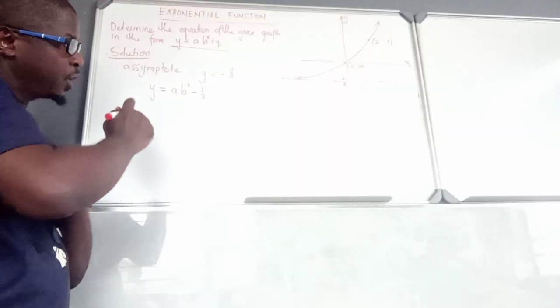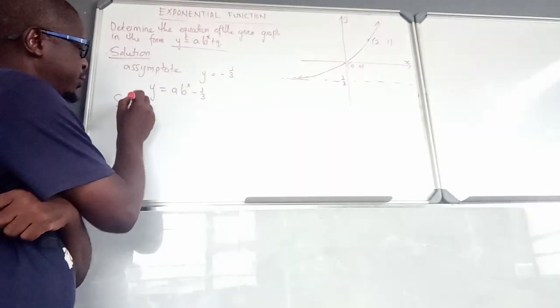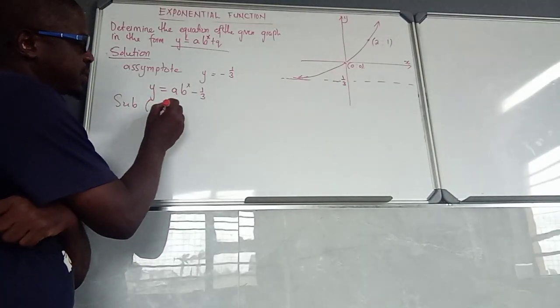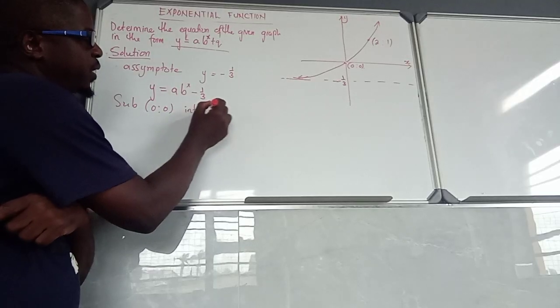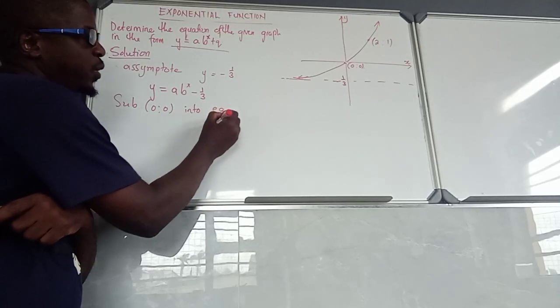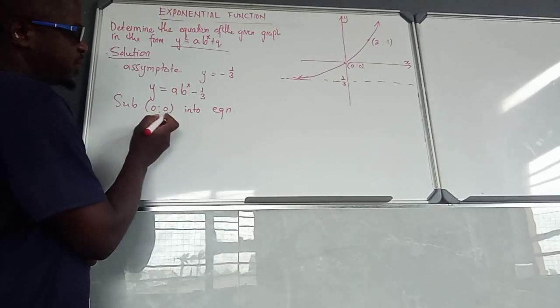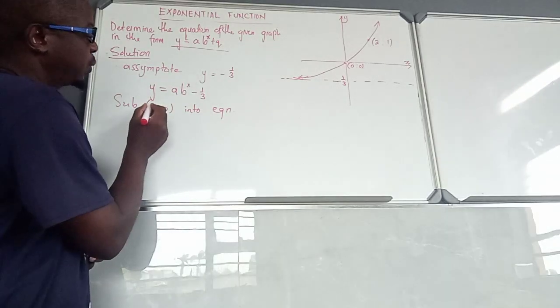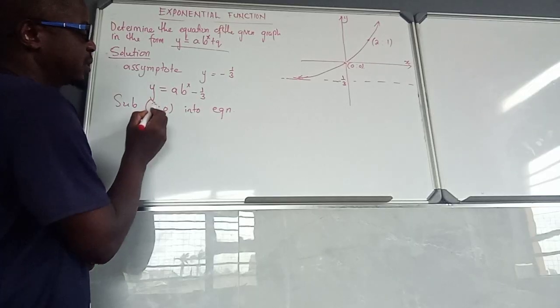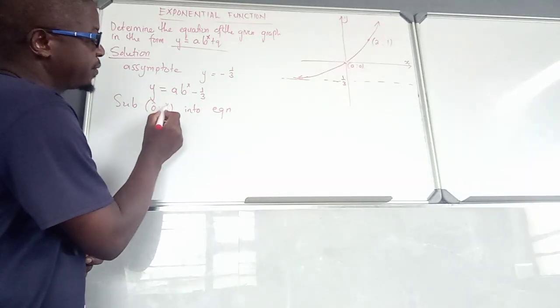Let me write: substitute point (0, 0) into the equation. This point (0, 0), our origin, means that this is an x value and this is our y value.